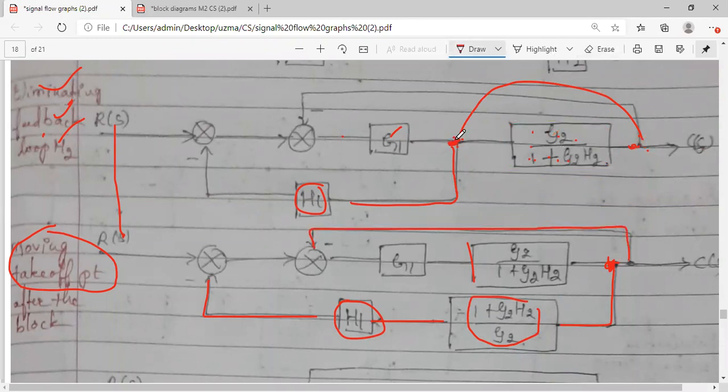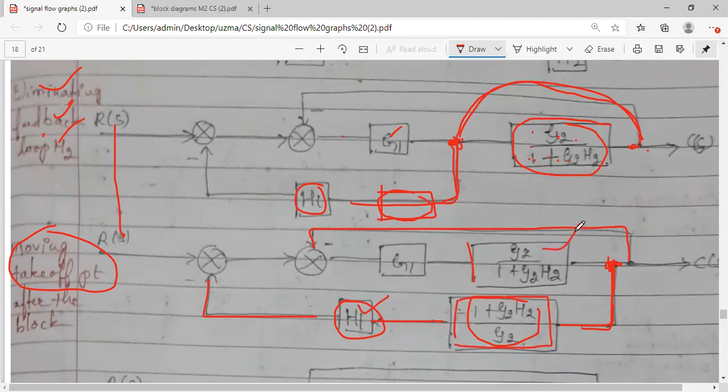Whenever I'm shifting this takeoff point after the block, जो भी gain value मुझे encounter होगा, okay, during this shifting, that value's reciprocal I have to introduce here. ये जो takeoff point से जो line निकलेगा वहां पे I have to introduce a new block, in the path along with H1.